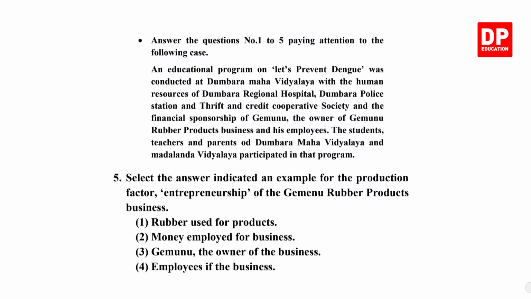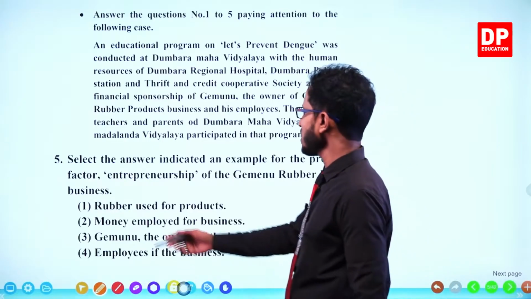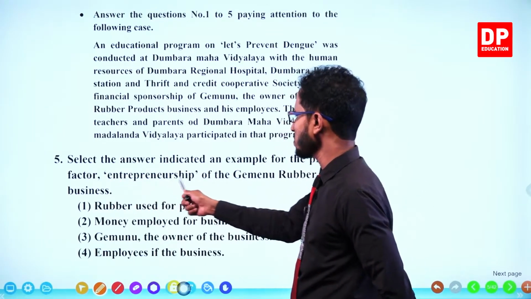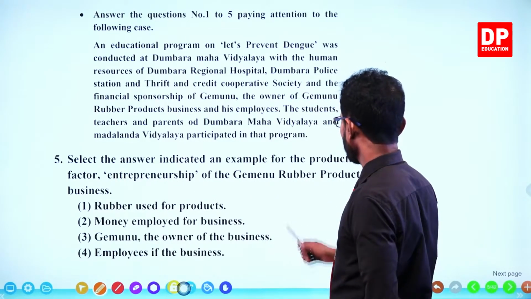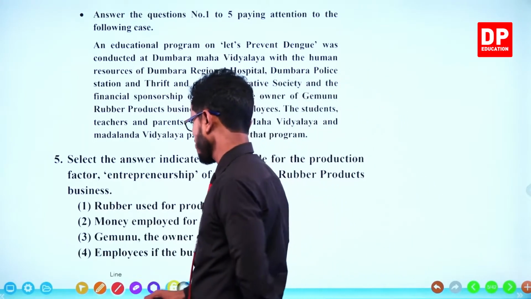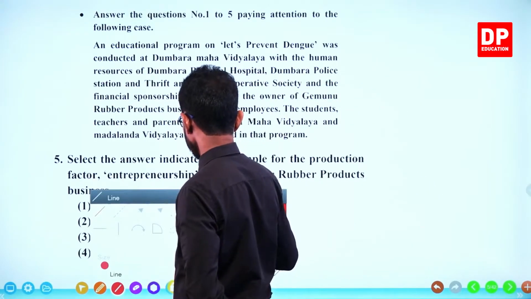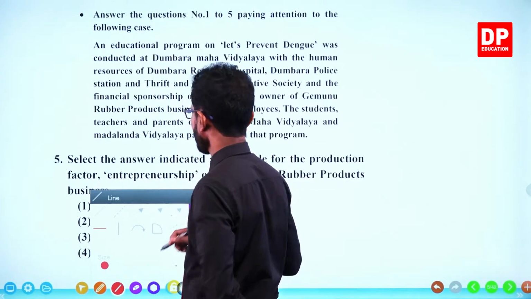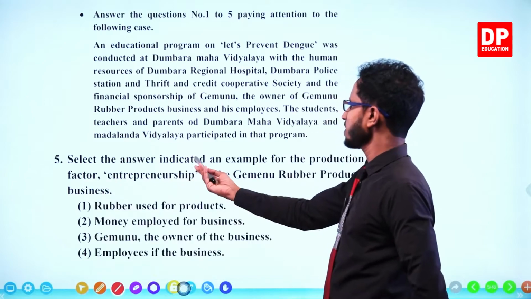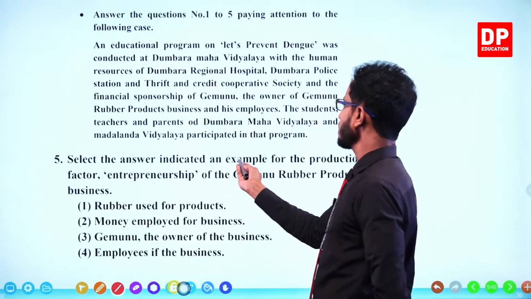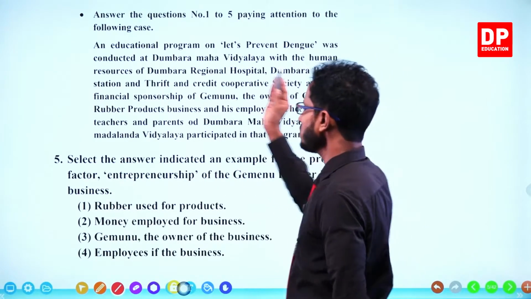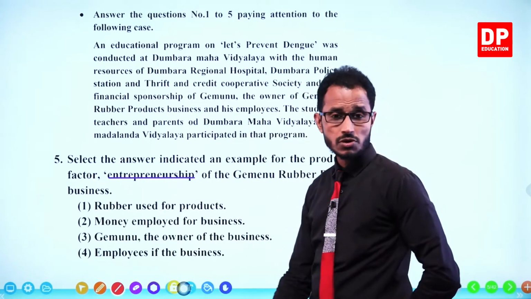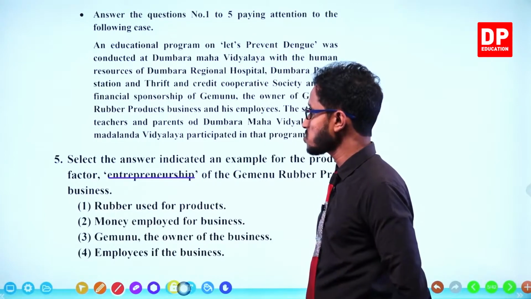Next. Select the answer which indicates an example for the production factor, entrepreneurship, of Gamunu Rubber Products business. Do you know what entrepreneurship is?